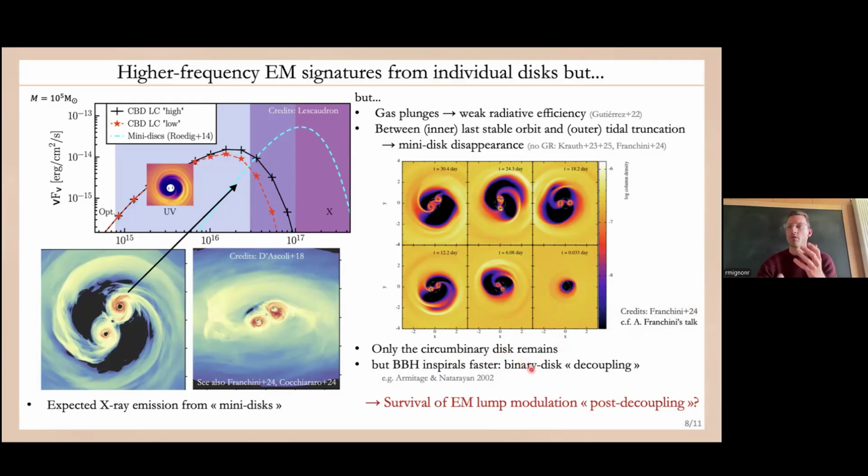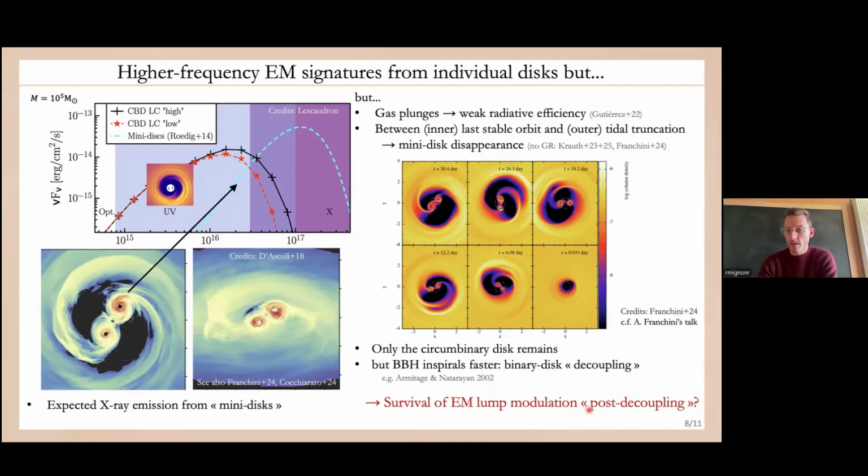And at this stage, the inspiral motion of the binary will be so fast that we are in the so-called decoupling phase, meaning that the inward velocity of the binary is typically greater than the reference velocities within the disk. So the circumbinary disk has not realized yet that the binary is about to merge.